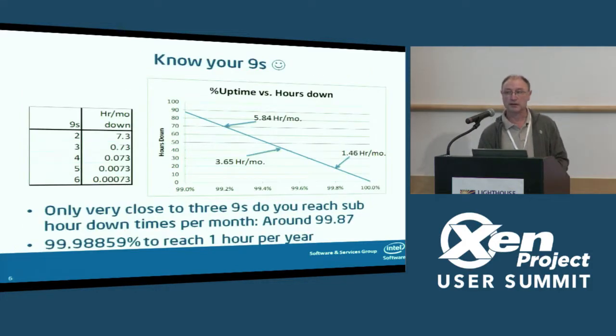And the way we usually talk about that is nines. So 2 nines of availability is about 7 hours of downtime a month. And then as you go up, at 3 nines you're below an hour. And then it takes almost 4 nines to get down to an hour a year of downtime.